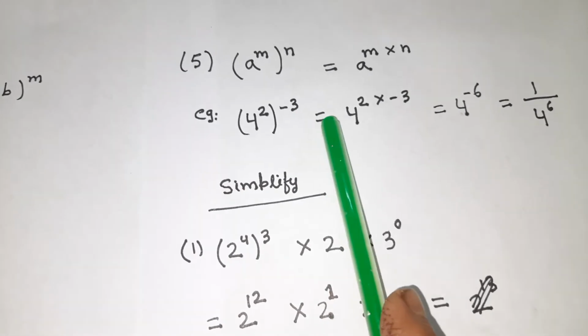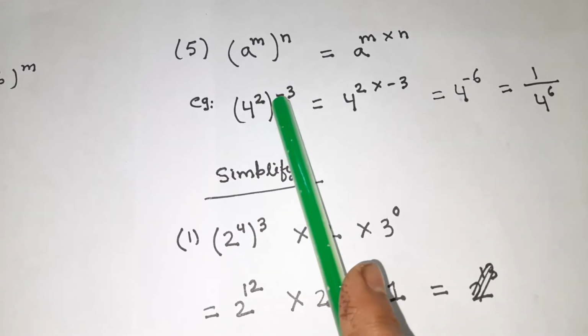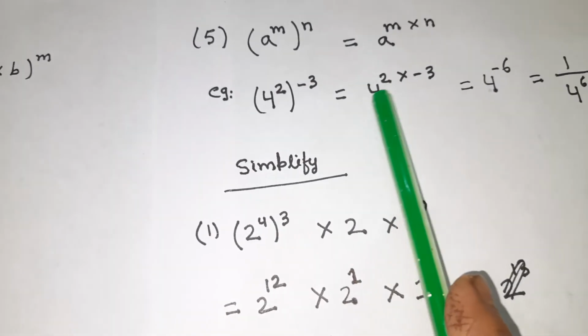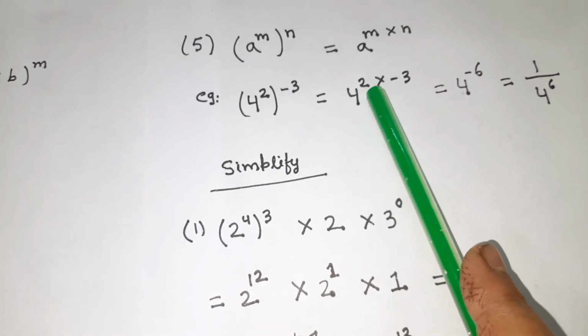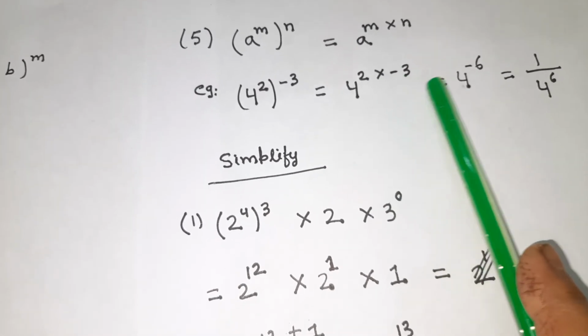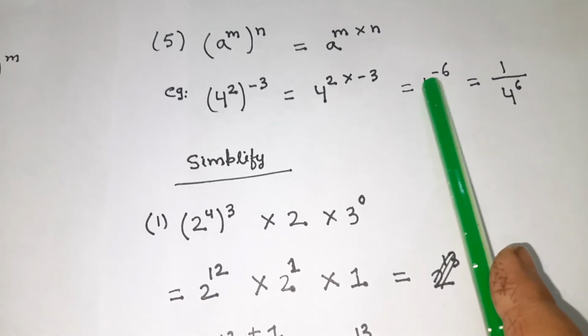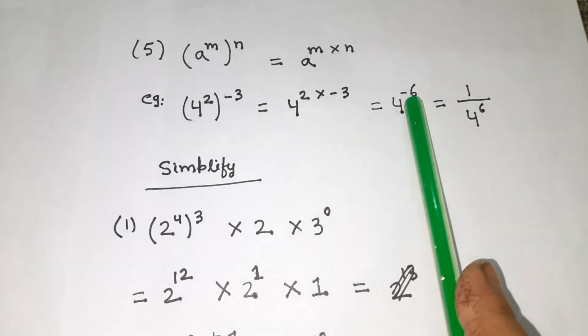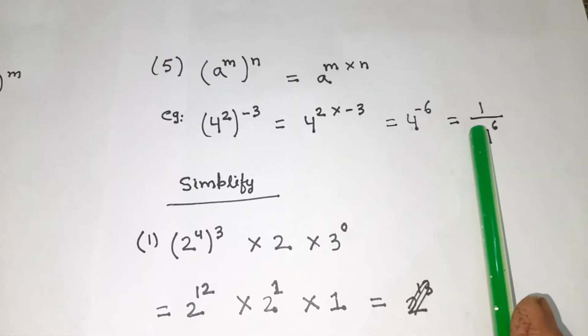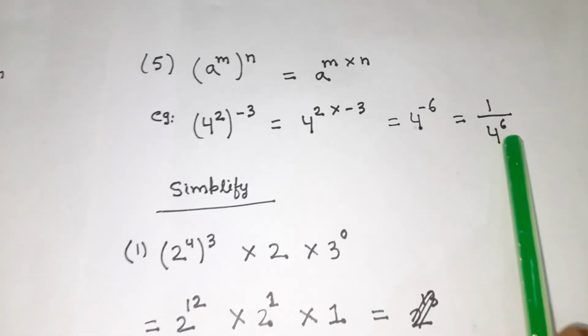So you know that this will multiply, 2 into minus 3. So 4 raised to the power 2 into minus 3 means 4 raised to the power minus 6. 2 3s are 6. Minus 6. So we will change into positive, means 1 by 4 raised to the power 6. Is it clear?